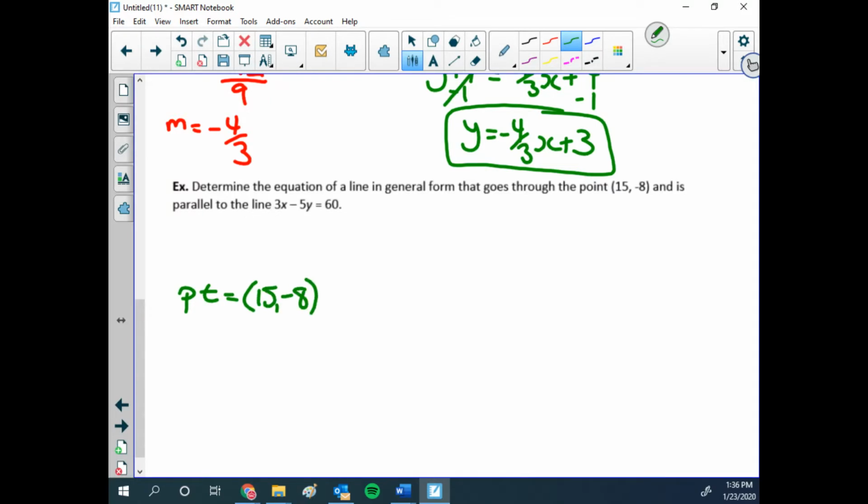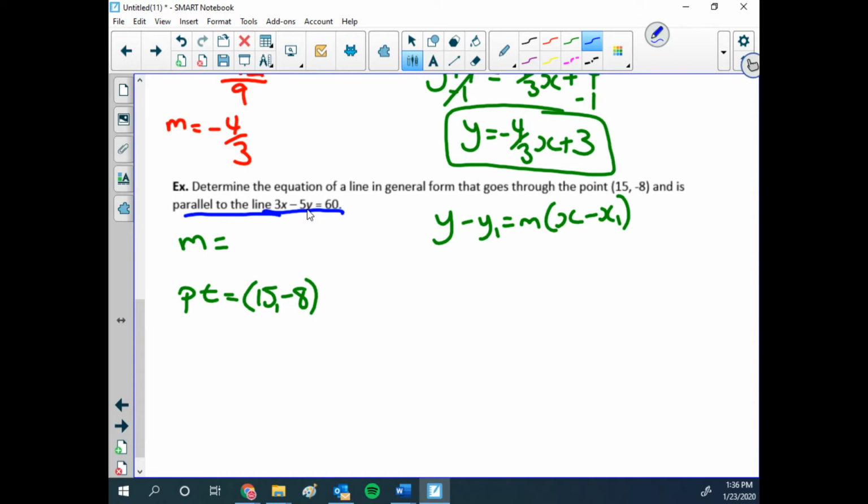It's a problem solving question, so I always say, okay, I'm going to start here. But I also need then to jump into slope point form, I need the slope. Do they give me the slope here? Do I have enough information that I could solve for the slope? Yeah. So they say this parallel to 3x minus 5y equals 60.